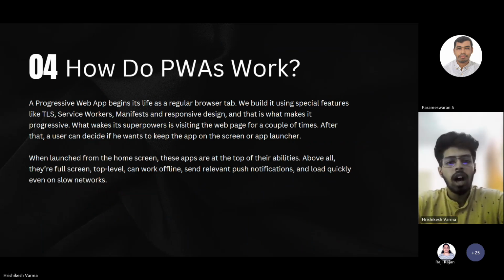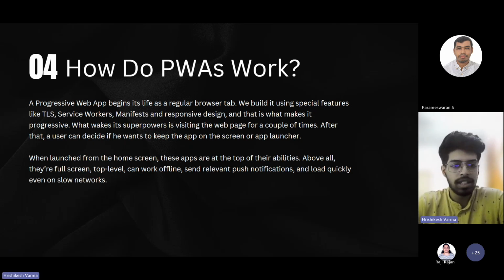So how do PWAs work? A progressive web app begins its life as a regular tab. We build it using special features like TLS, service workers, manifest, and responsive design, as I have mentioned earlier, and that's what makes it progressive. What gives it superpowers is visiting the web page a couple of times.